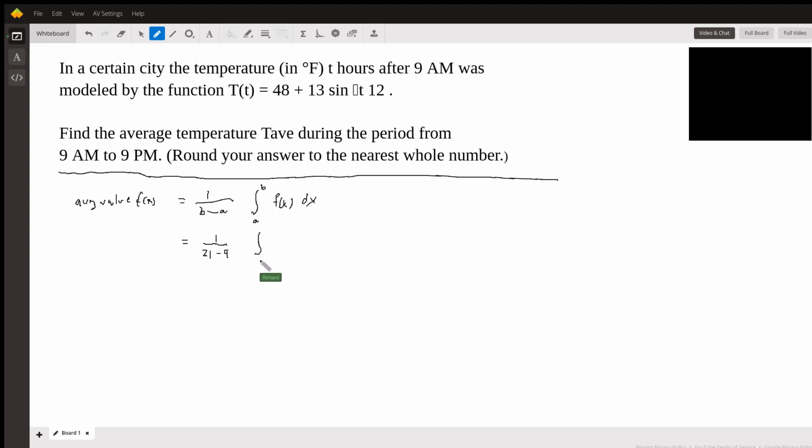Integral from 9 to 21 of this function, 48 plus 13 sine of pi t over 12. And that's dt here. We're using t instead of x.